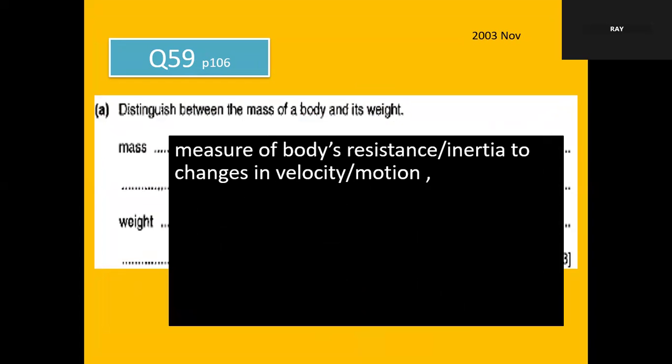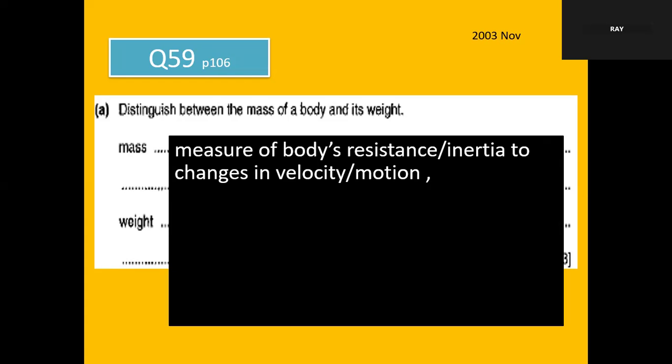Measure of the body's resistance, inertia to change in velocity. Some years they accept quantity of matter, but better not. Measure of the body's resistance to motion. That's the best one.